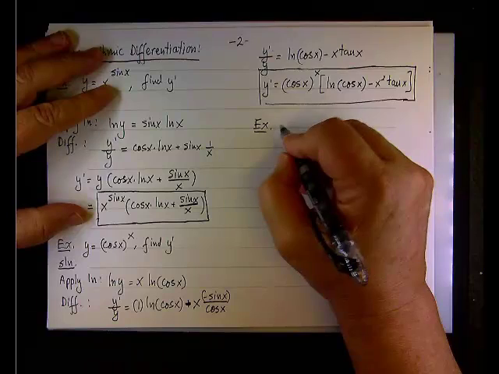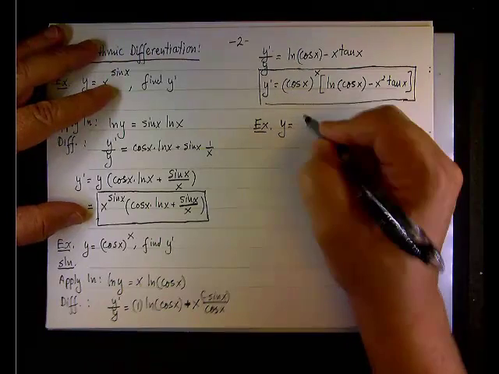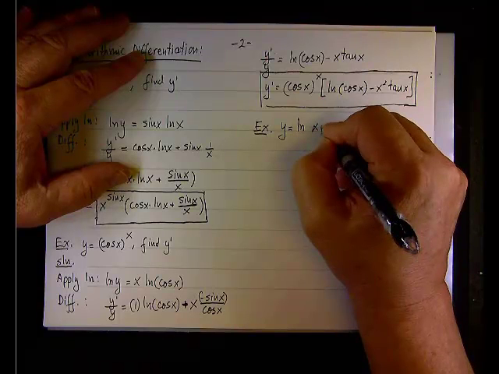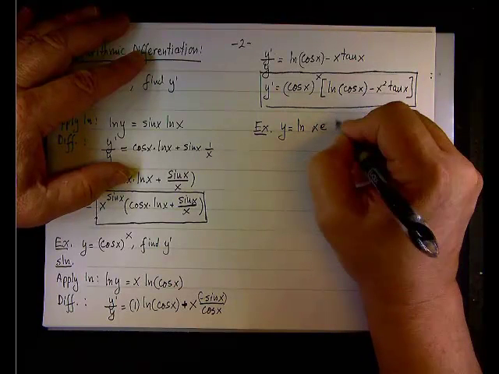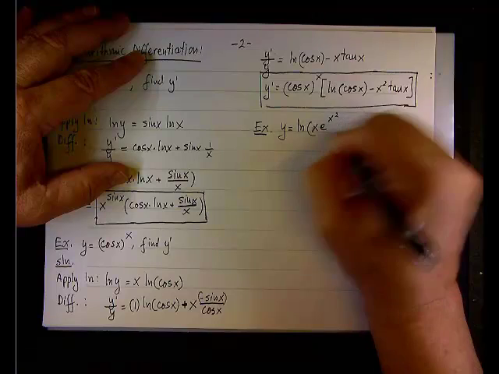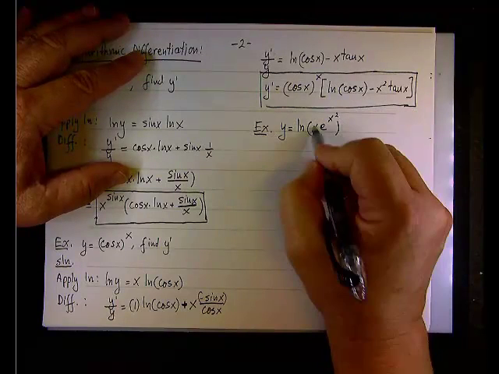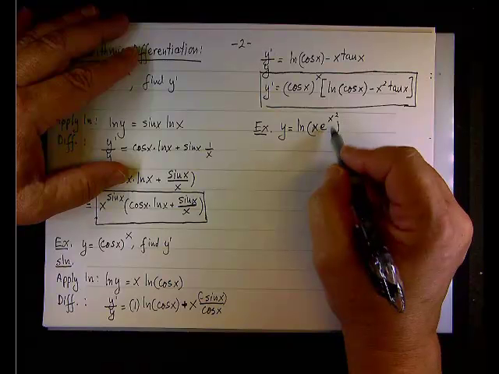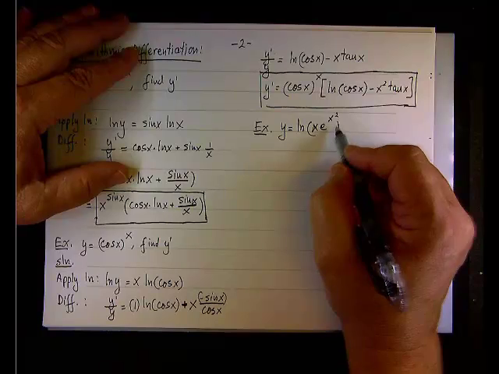And the last one in this group, we have a function that looks like this: y equals the natural log of x times e to the power of x squared. So notice that the argument of the natural log is x e to the power of x squared.